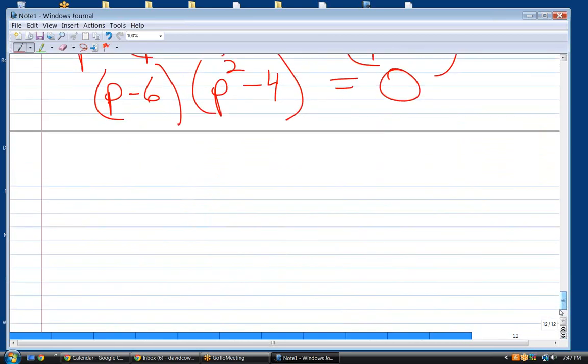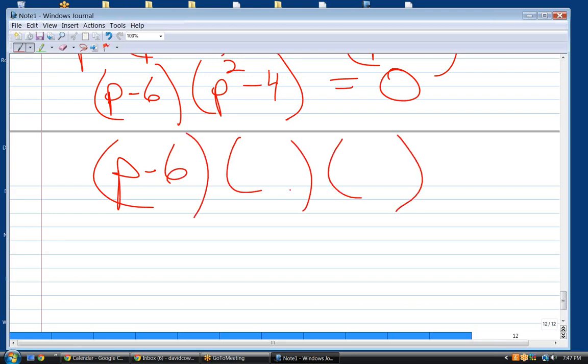Okay. So now we can divide, yeah. Fill this in. Okay. So it's going to be p minus 2, and then p plus 2.